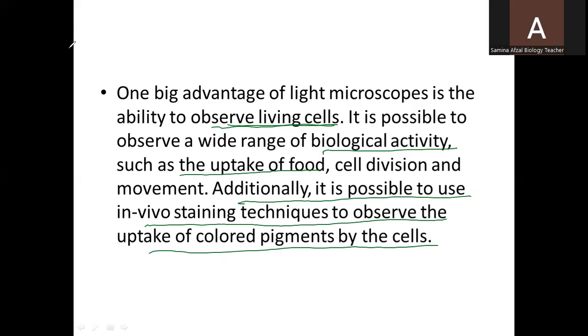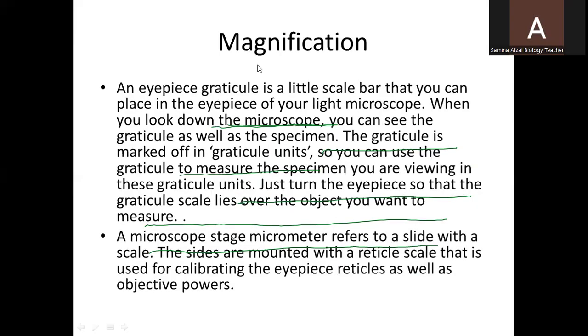So they can only be observed in the light microscope. Different biological activities, like cell division, which are very important, can be observed under the microscope. So this is the main use of this light microscope.